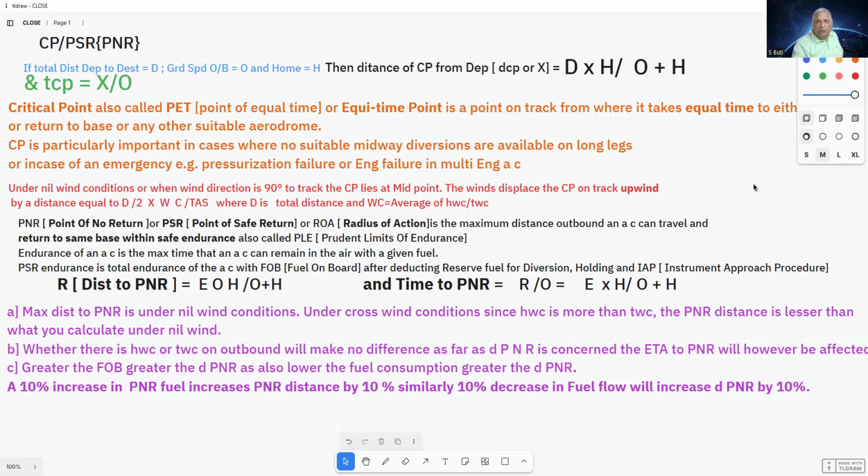So we calculate this point on the ground before departure.